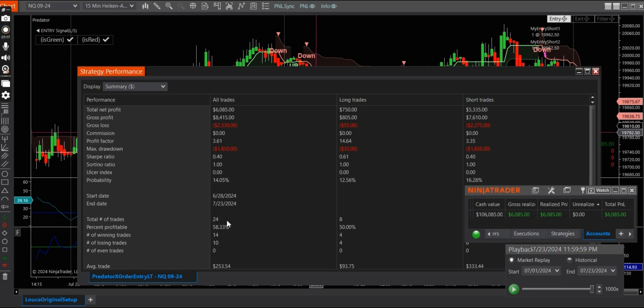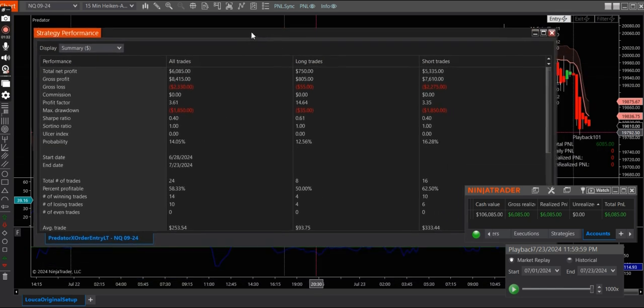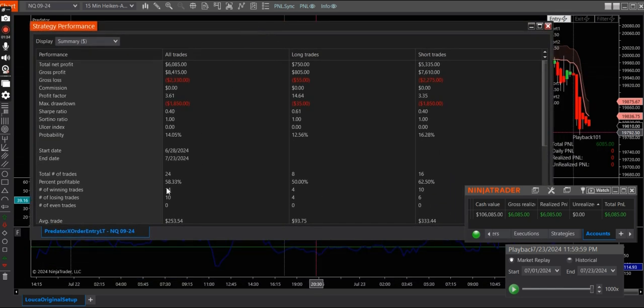You can see the percentage profitable is 58.33 for all trades, which is okay. I mean, it's above 50%, so you have more wins than losses. You can see I have total trades 14, and then losing trades 10.